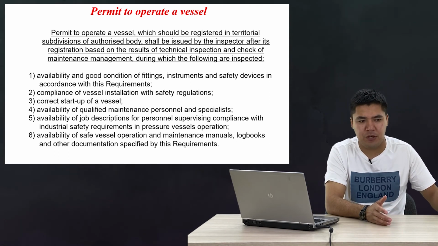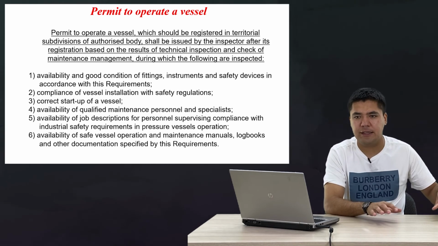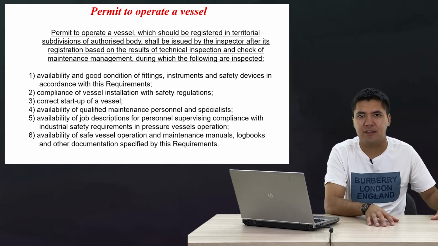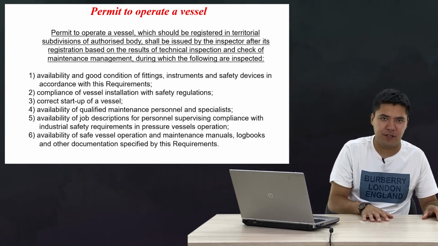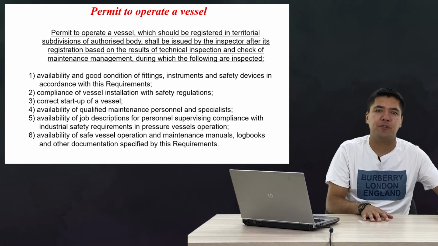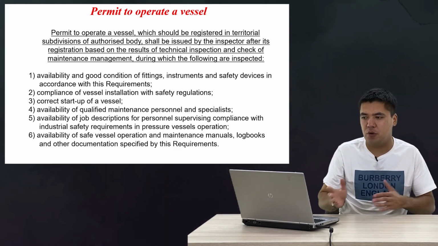It's a process because local authorities need to know where your pressure vessel is located, what they need to do in case of any emergencies, and what is going to be contained in that pressure vessel. That's why we have those groups of actions or documents for using pressure vessel.